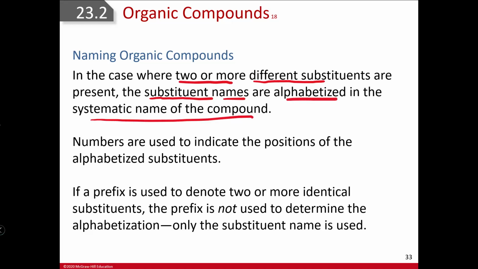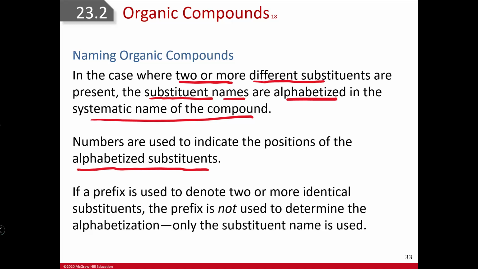So that means between ethyl and methyl, ethyl is going to come first because E comes before M. The numbers are used to indicate the positions of the alphabetized substituents. Same as before. You got to say which carbon is the ethyl group coming off of, which carbon is the methyl group coming off of.